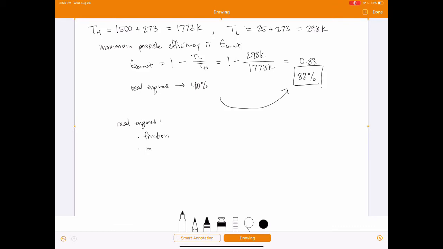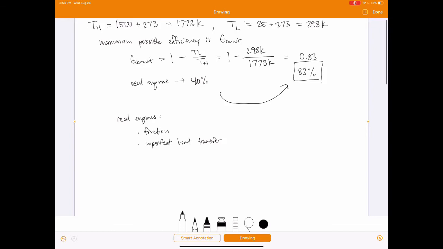Here's another thing. Imperfect heat transfer. Okay, so when you ignite the fuel, not all of that heat is going into expanding the gas. Some of it just sort of leaks out into the environment. There's going to be energy used by other equipment in the engine itself, like oil pumps, for instance.